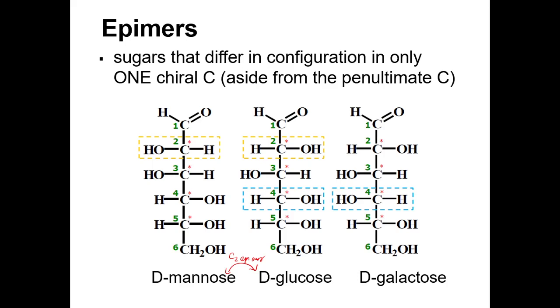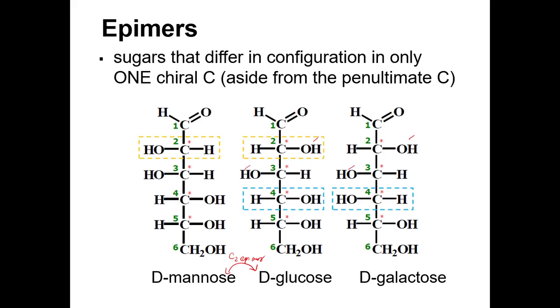As you can see, they have the same configuration or orientation sa carbon number 2, same orientation with carbon number 3, yung OH groups. Ito, OH, both on the right for carbon 2, both on the left sa carbon number 3.